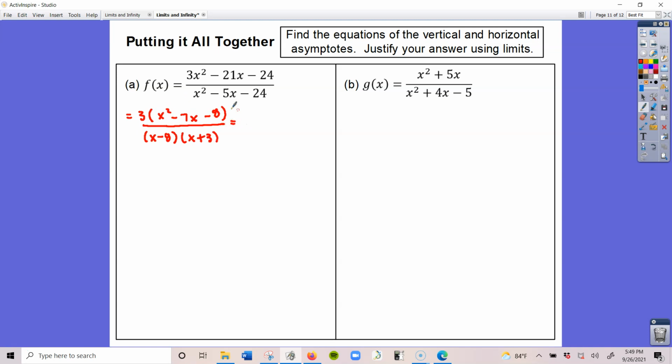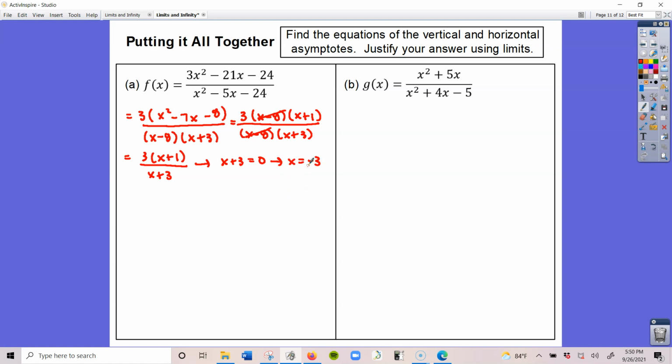The numerator can be further factored, so I'm going to take out the 3, and this can be factored as (x minus 8)(x plus 1), over (x minus 8)(x plus 3). I can cancel out the x minus 8 factors, and I get that f of x is equal to 3 times (x plus 1) over (x plus 3). Since I still have a factor left in the denominator, this means that I have a vertical asymptote when that factor is equal to 0, which is at x equals negative 3.